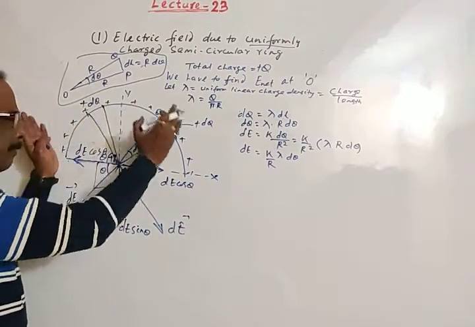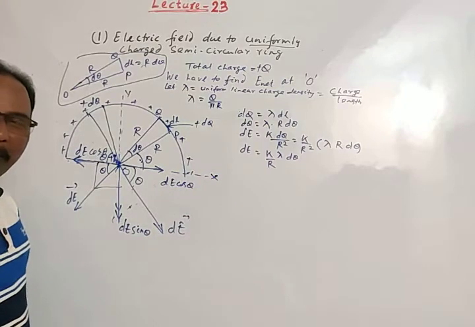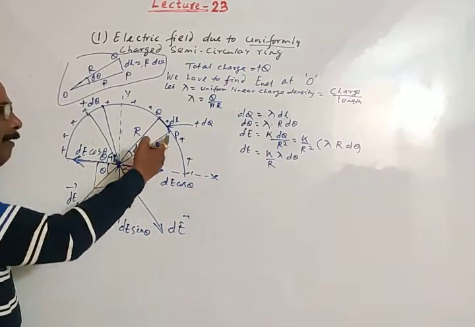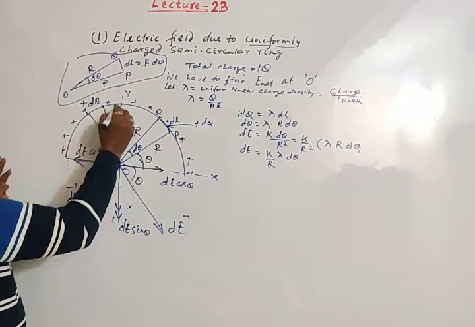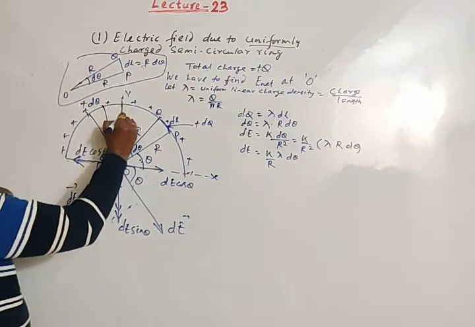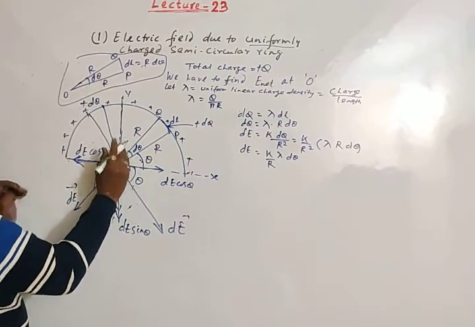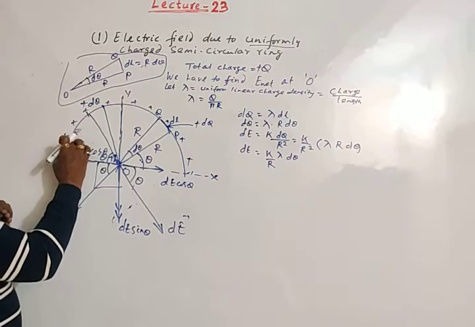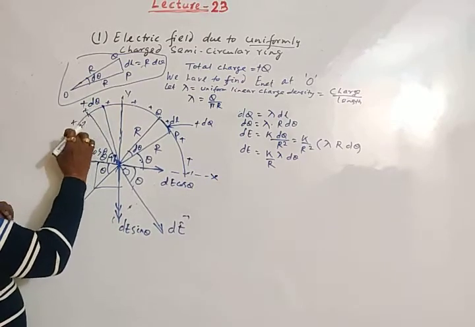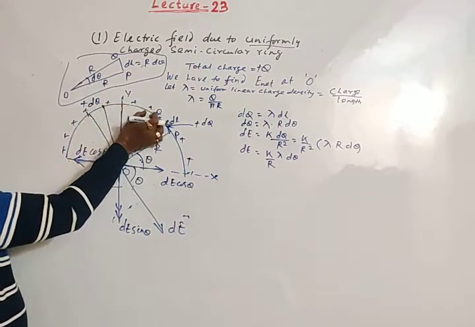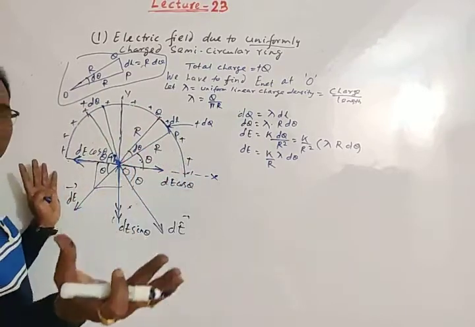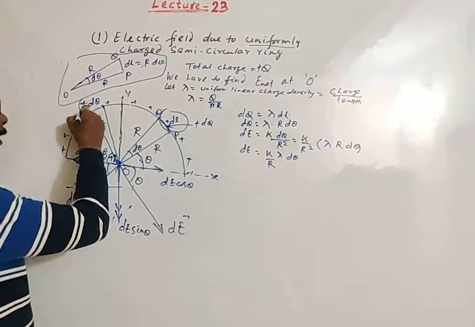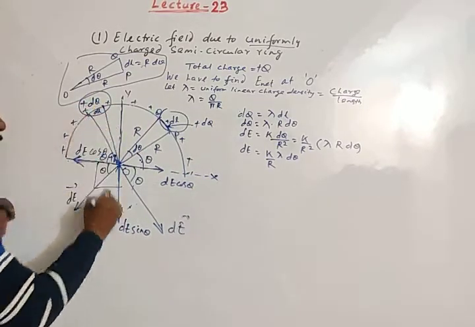See, the semicircular ring is symmetric about y-axis, so the whole ring can be divided into number of equal segments, each of length dl. We have considered only these two parts dl.